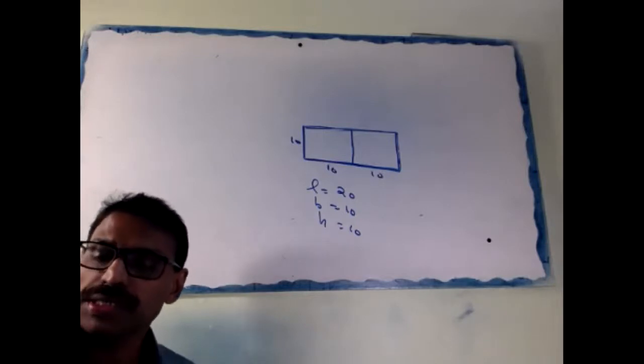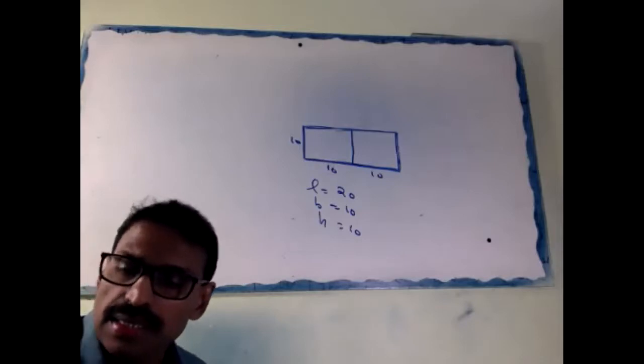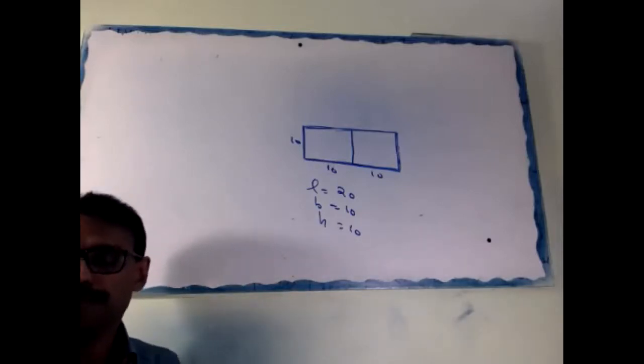Yeah, surface area means total only. Understood now? Surface area means total only. Otherwise, they will specify CSA.